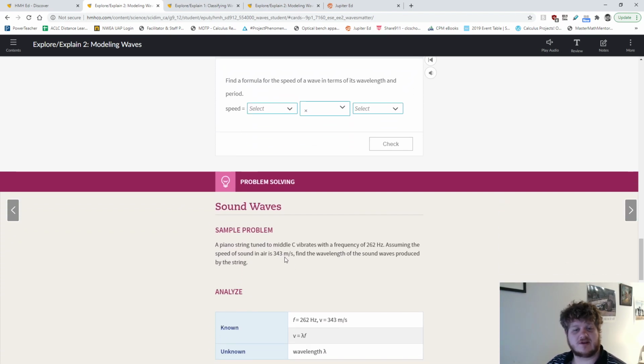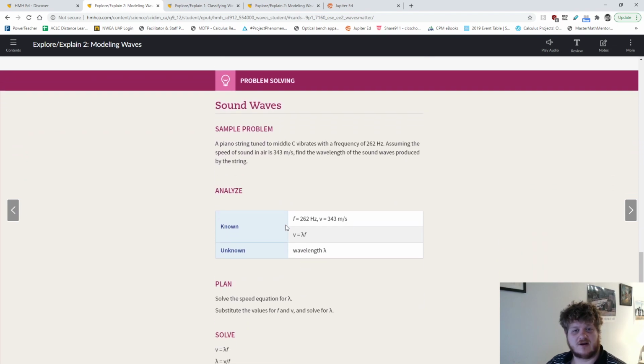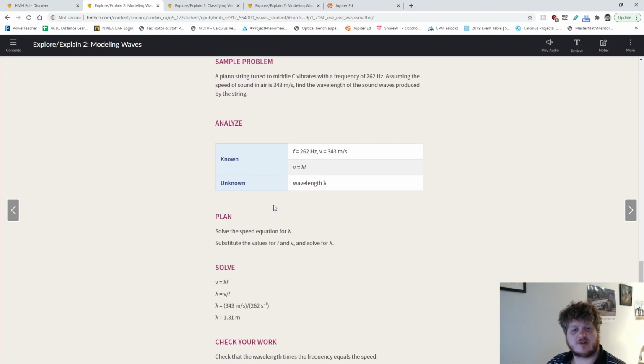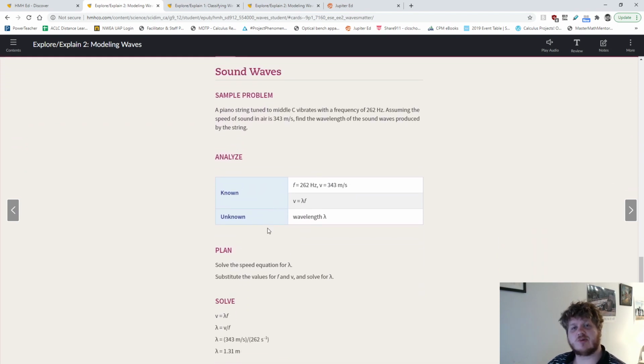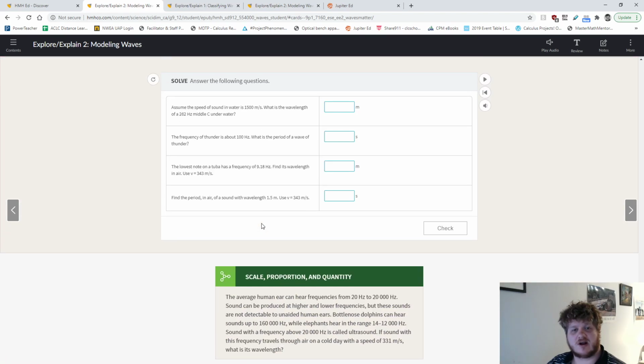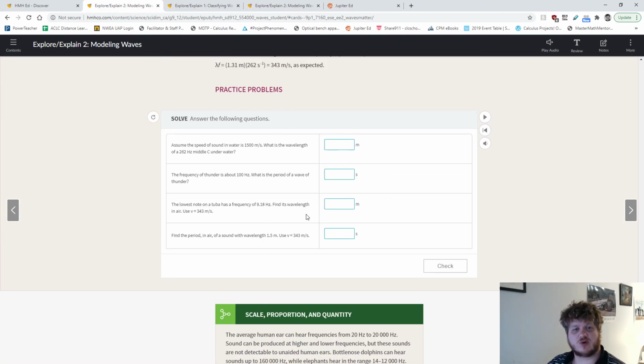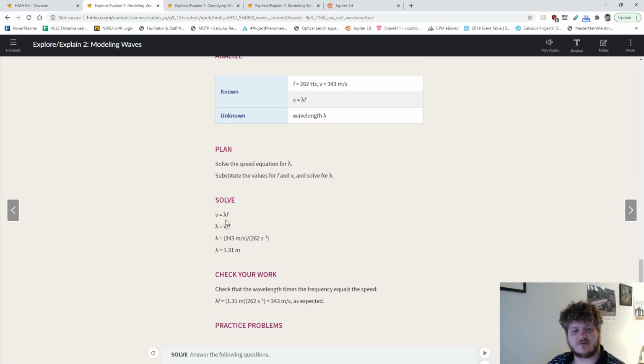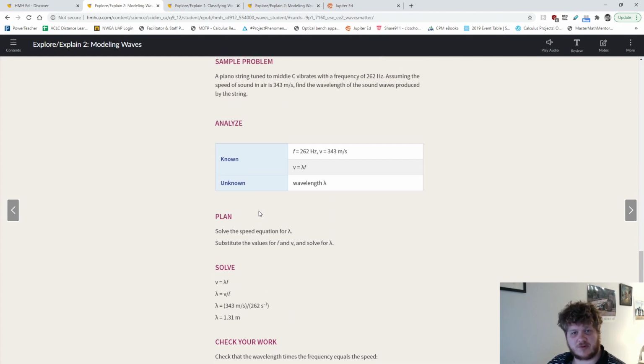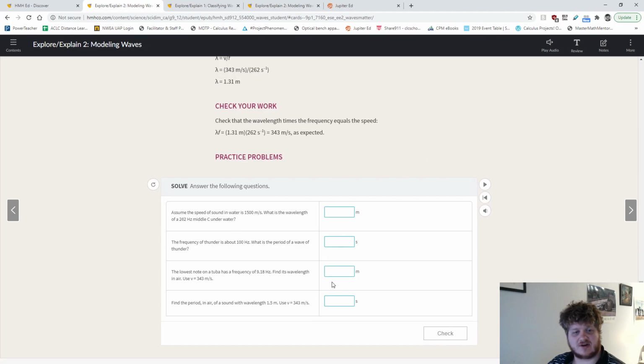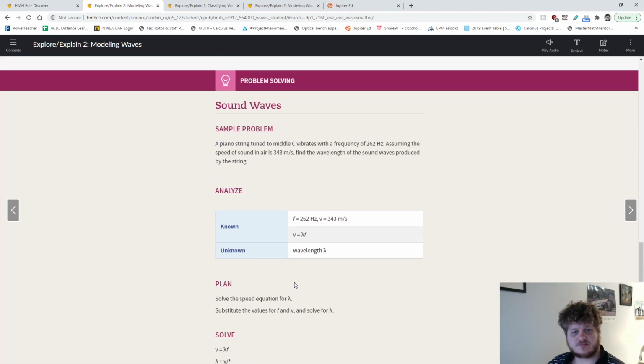And if you're really confused, you can go down here to figure it out. So what I would like to do is go through this sample problem, because there are about 4 more problems you're going to do using v equals lambda f, which is velocity equals wavelength times frequency, and you're going to rearrange that equation and solve some problems.